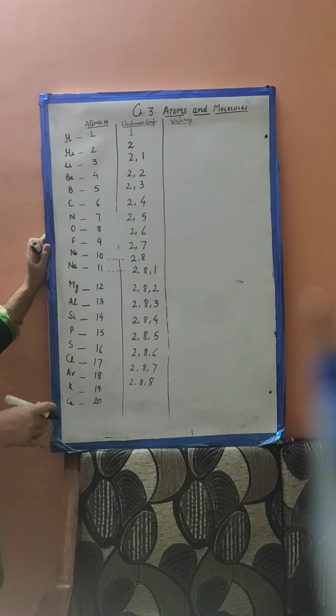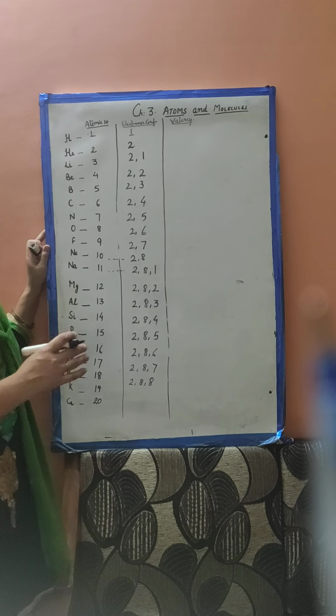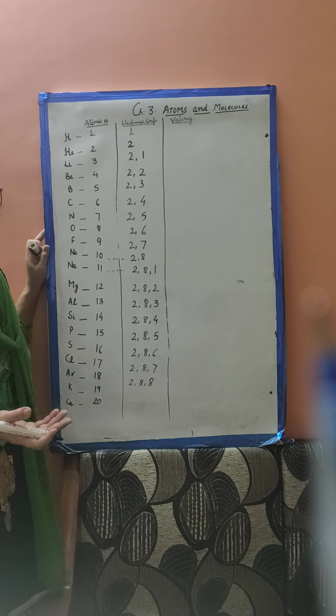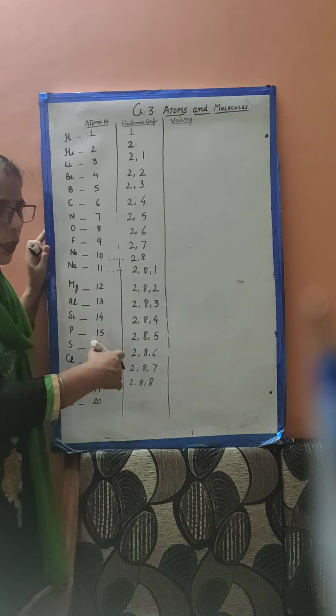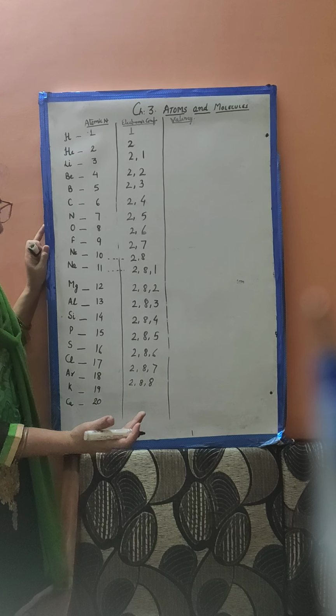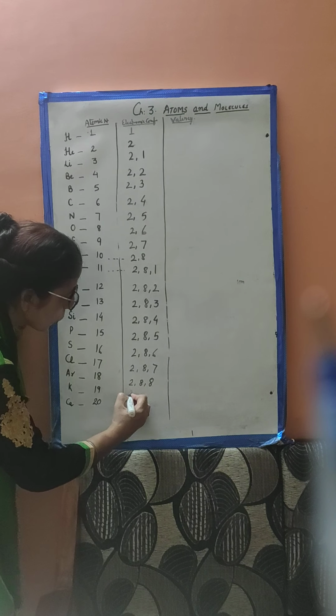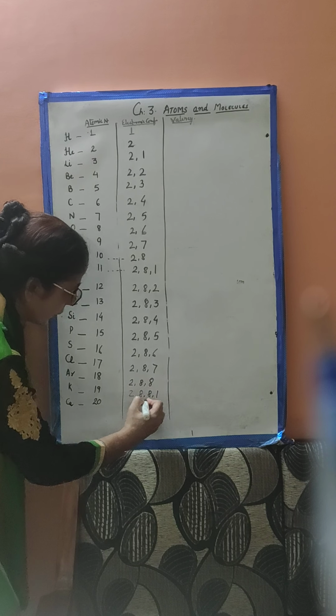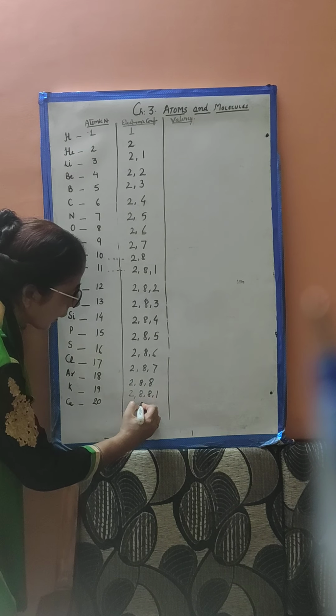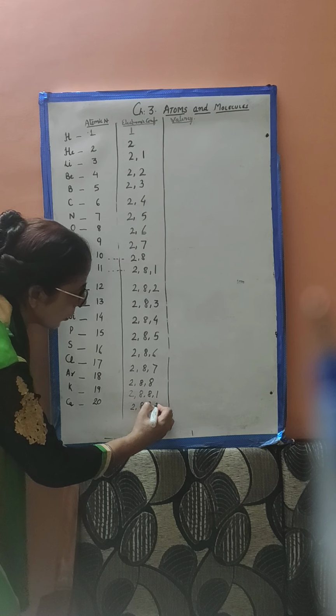Now its capacity is filled, although you will study in higher classes that the third shell can accommodate more electrons, but those are filled later. Earlier, the next shell starts filling. So it will be 2, 8, 8, 1 and 2, 8, 8, 2.